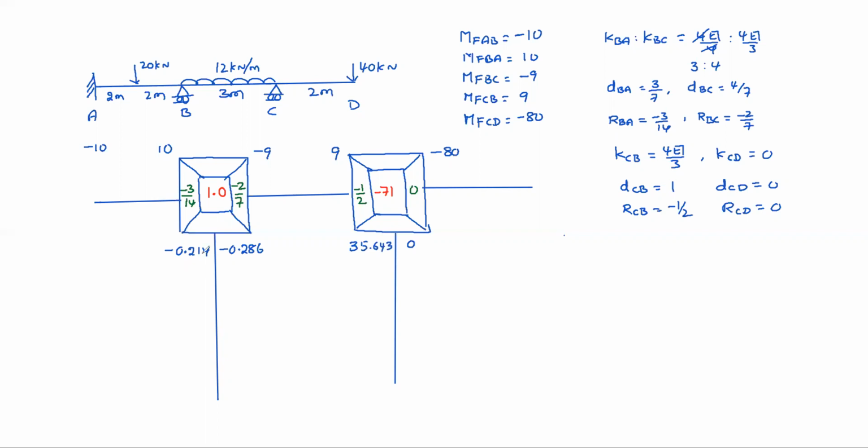Minus 3 by 14 into bracket open 1 plus 35.643, minus 7.852. Similarly, minus 2 by 7 into bracket open 1 plus 35.643, minus 10.469.